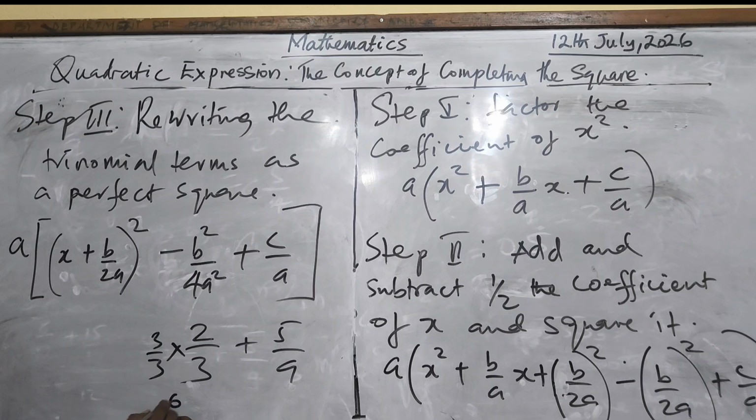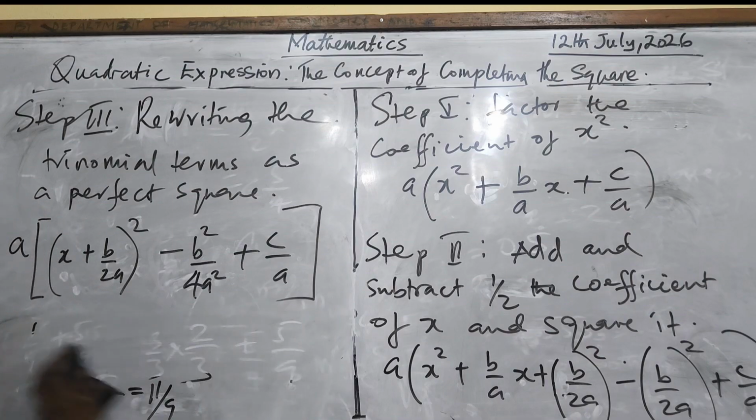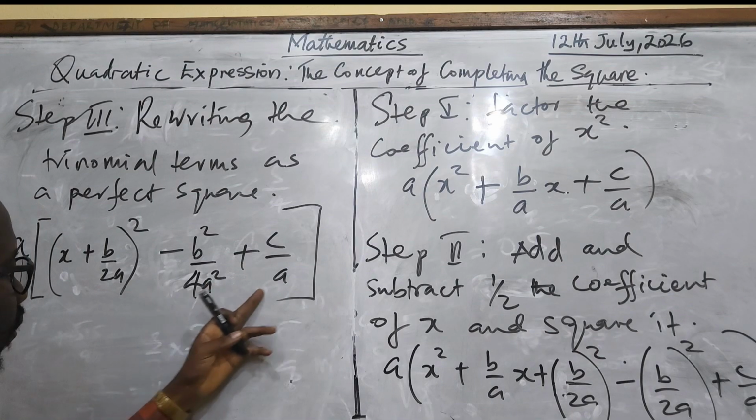So this will give us 6 all over 9 plus 5 all over 9. See, the denominators are equivalent. You simply take 1. This becomes 6 plus 5 all over 9, which gives us 11 all over 9.